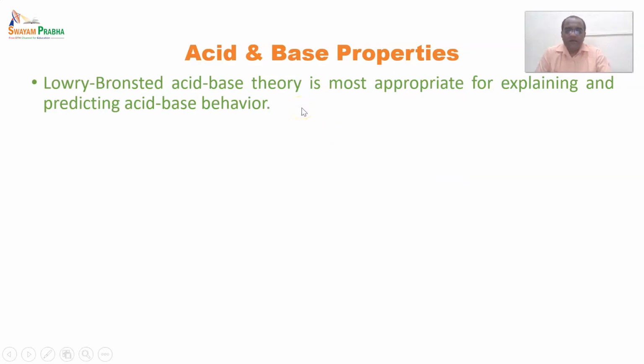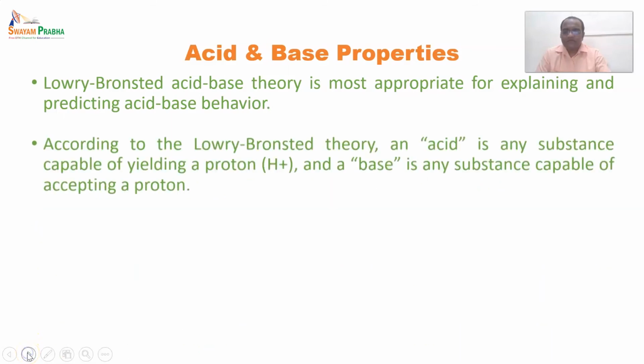The Arrhenius theory is related to H plus ions and OH minus ions, while the Lewis theory is related to electron donating and electron accepting capacities of a molecule. The most suitable one is the Lowry-Bronsted theory, which is related to proton acceptance and proton donation. According to that, acids and bases are defined.